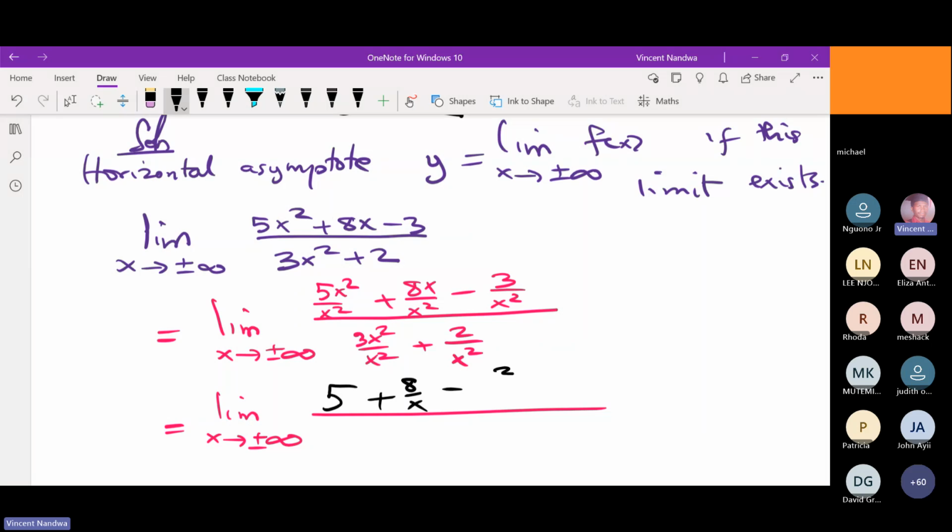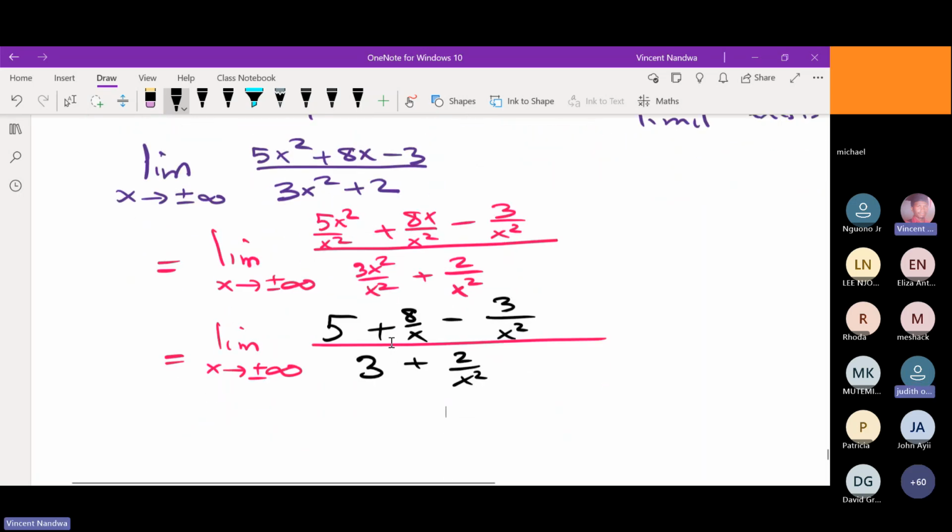And then minus 3 over x squared, and then 3 plus 2 over x squared. Good. Now, the limit of a quotient of two functions is the same as what? So what is the value of the limit, from what we discussed previously, of f of x over g of x as x approaches a? Is it the same as?